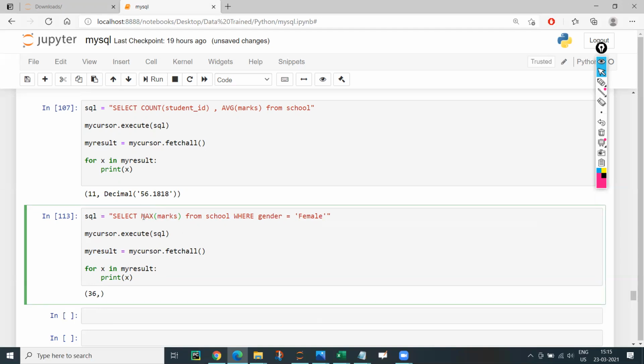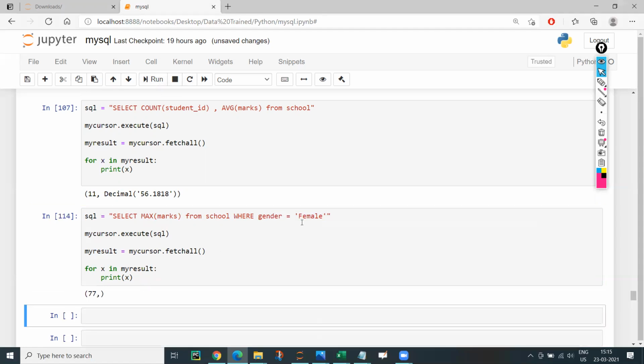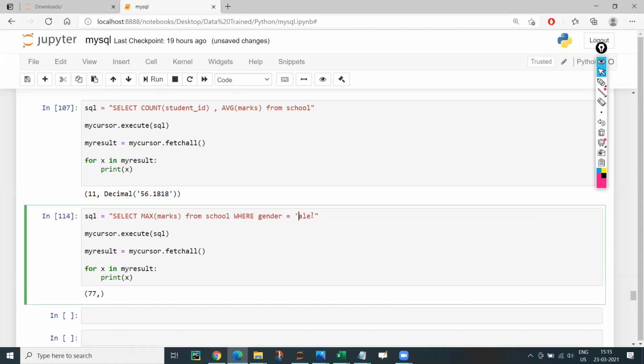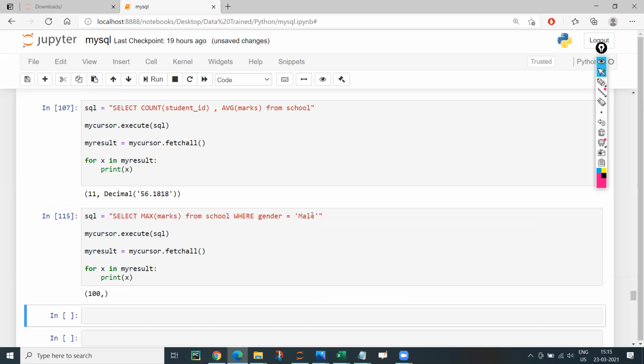I want to see the maximum marks of any gender, I mean any female. So I can check that. So maximum marks 77. How about male? Male maximum marks 100.